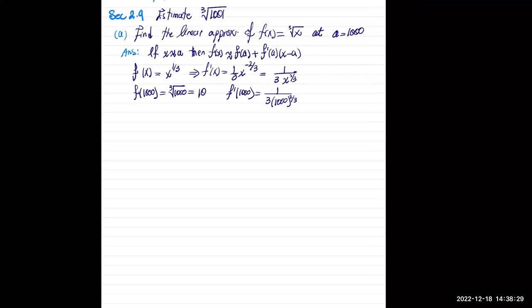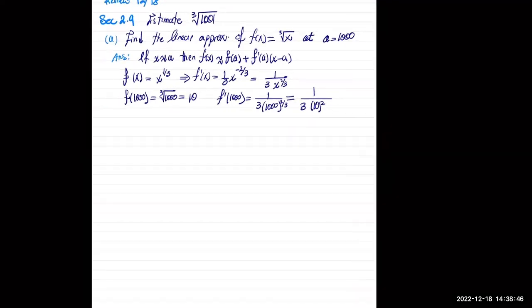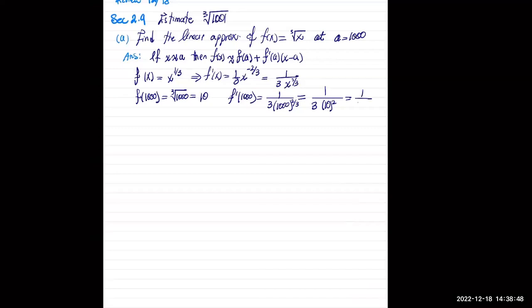To calculate 1,000 to the 2/3, you take the cube root and then square. So we get 1/3 times the cube root of 1,000, which is 10, squared, which is 100. 1/300 is the derivative at 1,000.